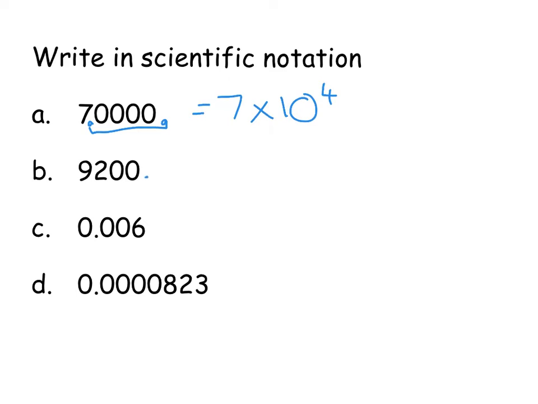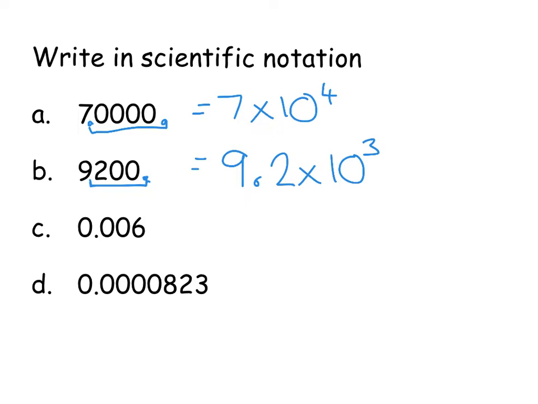On the second one, the decimal point is going to go from here to in there, so the multiplier bit is going to be 9.2 times 10, and then the decimal point has moved 3 places this time. Please note, it is not the number of zeros, it is the number of digits it is moving. Number of places it's moving from the end to where you're putting it. I know there was 4 zeros in the first one, but it's not always the case like that.